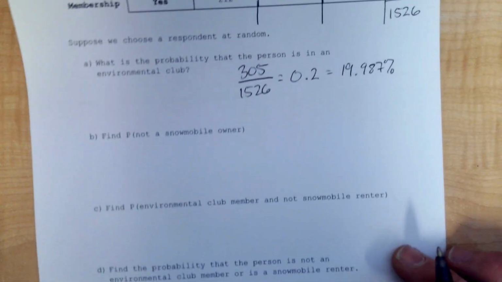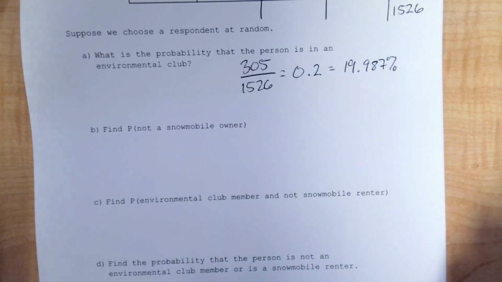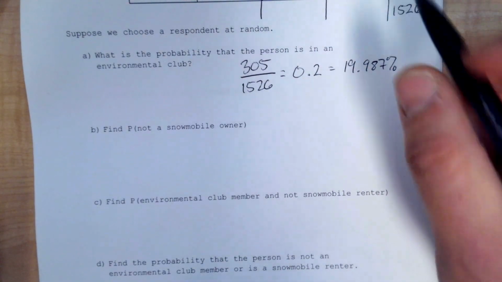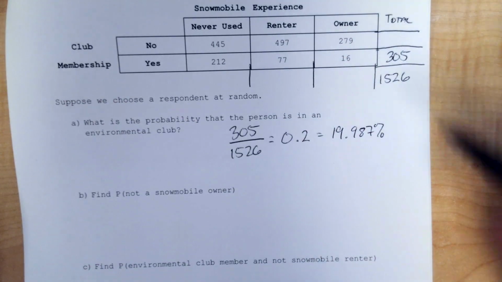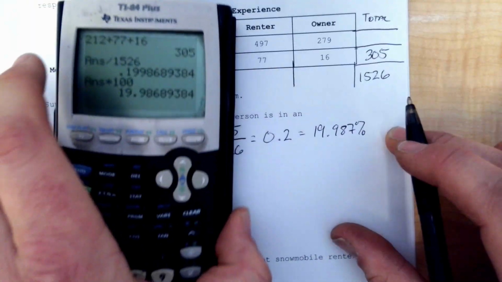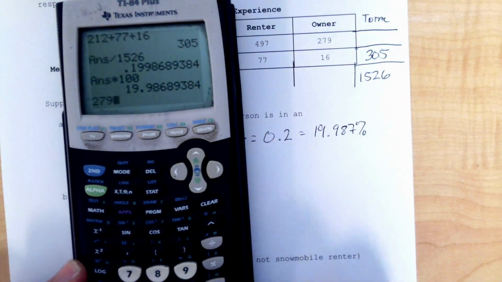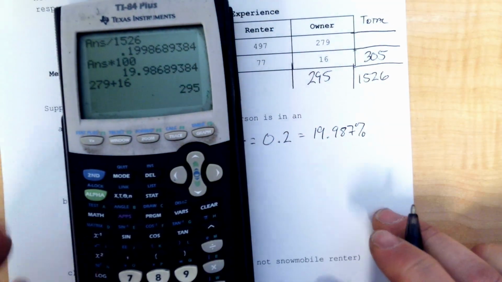Find the probability that they are not a snowmobile owner. So probability that they are not a snowmobile owner means everybody except for these who own. So 279 plus 16, we have 295 of them.